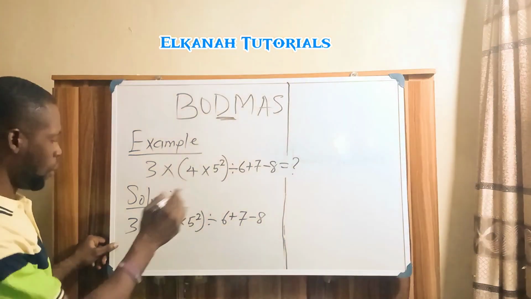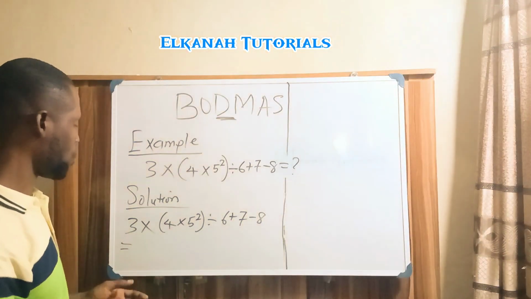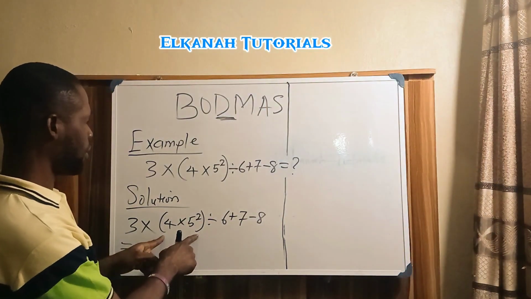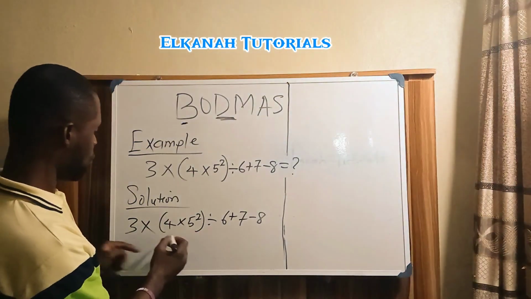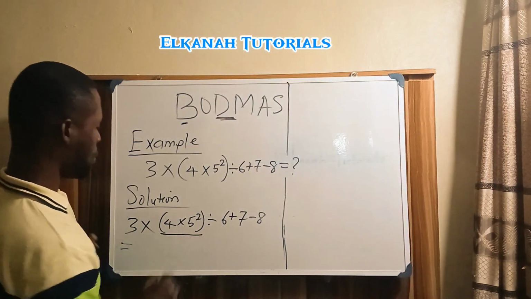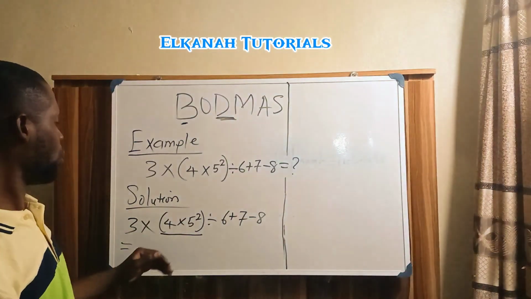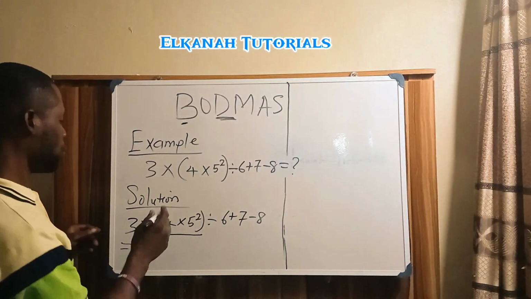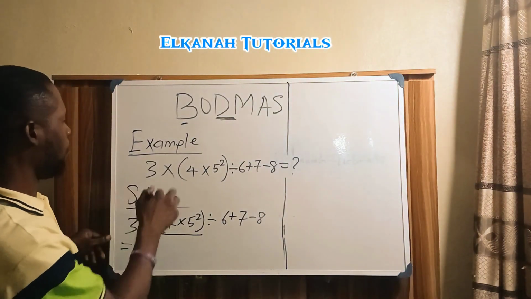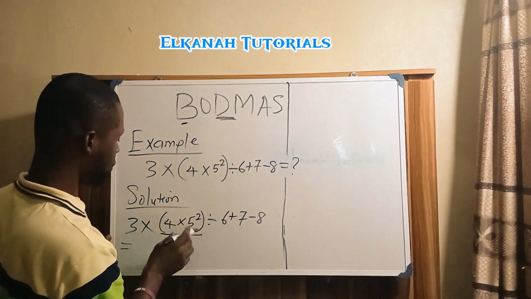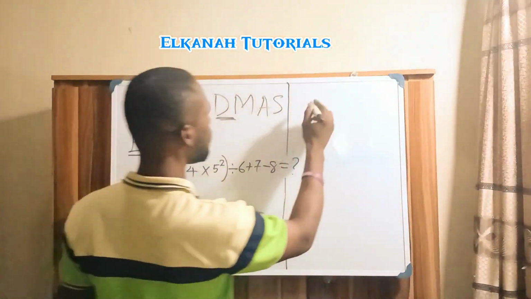So what next? In this equation we are having brackets, so we'll handle the bracket first. We are going to solve this aspect first, and then put it back. So for example, we'll bring this to this side.